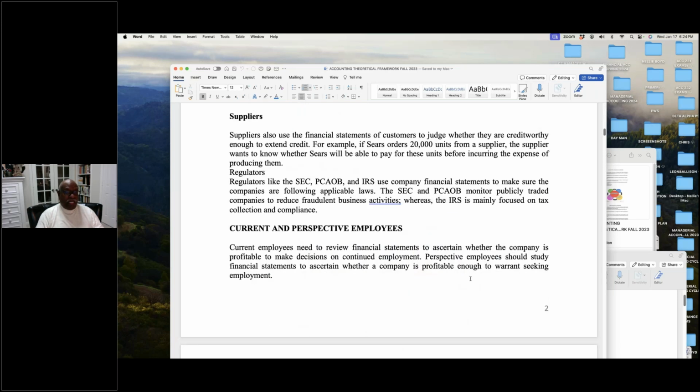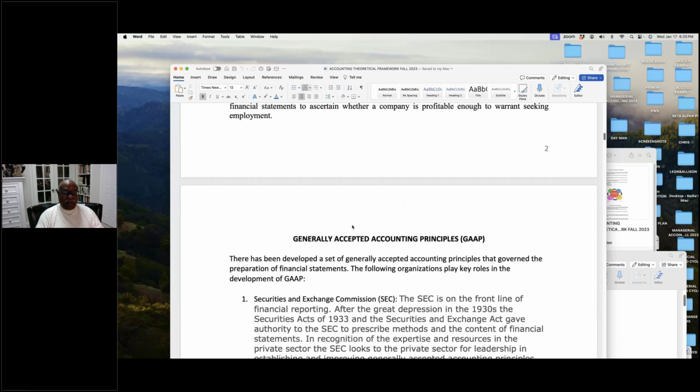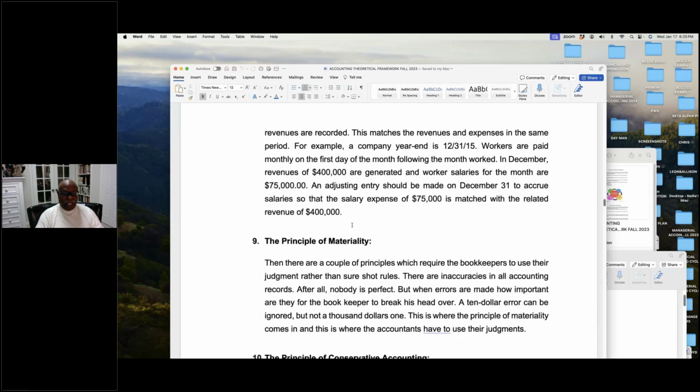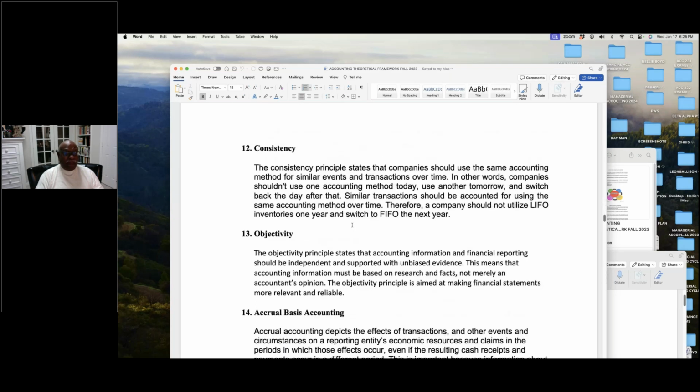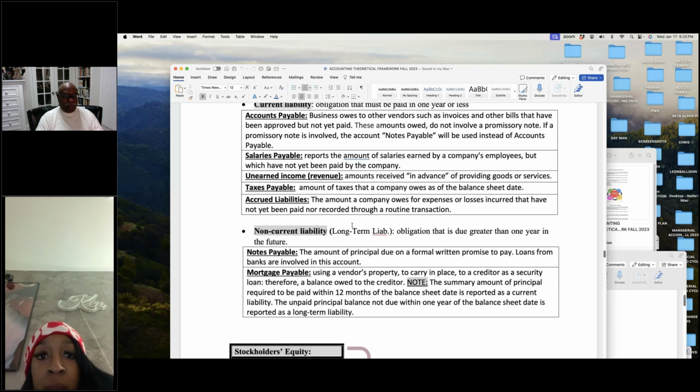Everybody uses financial statements. If you're going to work for somebody, you need to look at their financial statements. Let's turn back and see what a financial statement looks like. These are some definitions, and you're supposed to have copies of this on a primer.